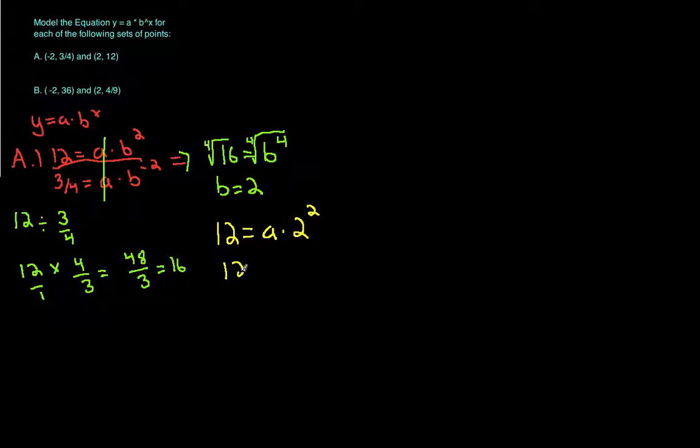We know 2 squared is equal to 4, so this becomes 12 is equal to 4a. If we divide both sides by 4, we find that a is simply equal to 3. Now that we have our value for a and our value for b, we can write our equation as y is equal to 3 times 2 raised to the x.